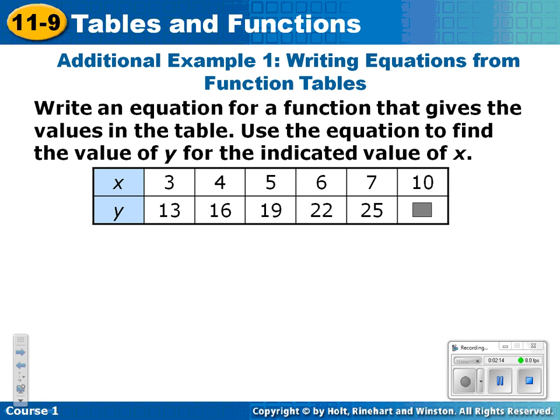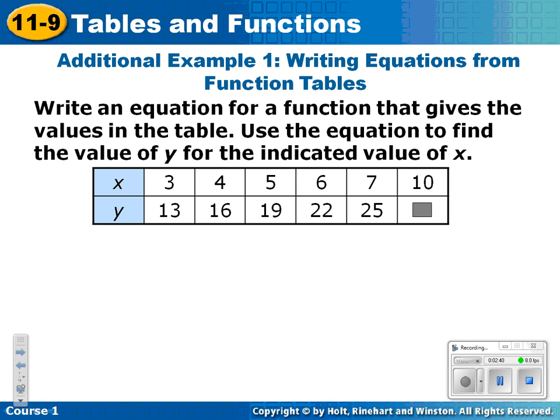Okay? Because some of you can look at this, and we're looking for a pattern now. Some of you can look at this and go, okay, well, to go from 3 to 13, all we do is add 10. Well, if you look at this one, if you add 10 to 4, we don't get 16. You need to find the pattern. What is happening to go from 3 to 13? And then it's the same thing that happens to go from 4 to 16, the same thing to go from 5 to 19.